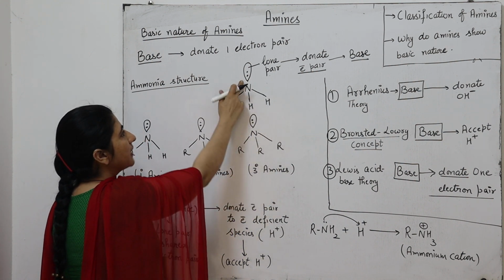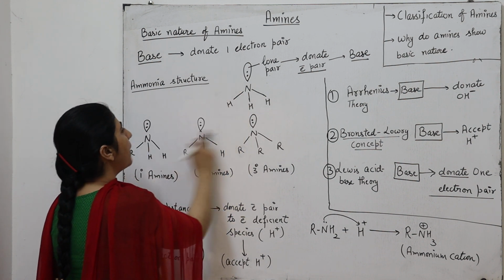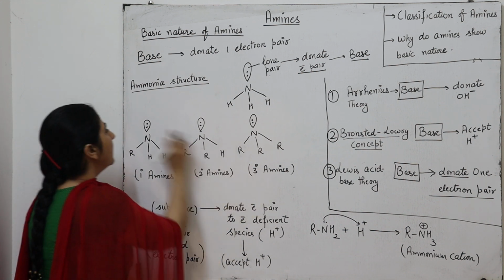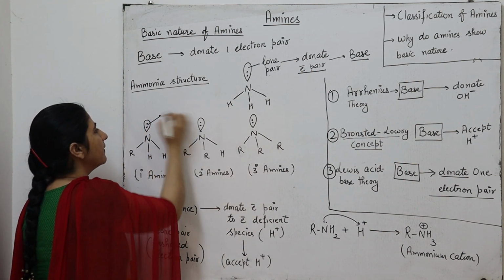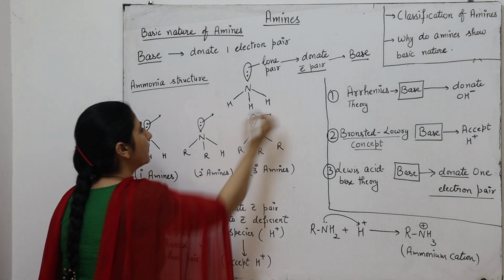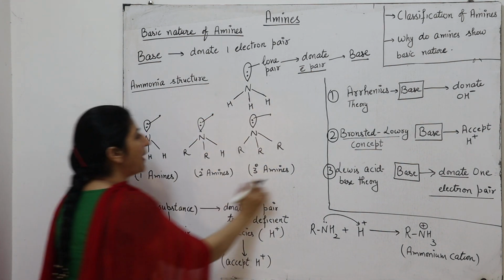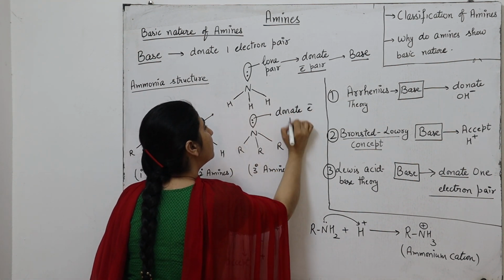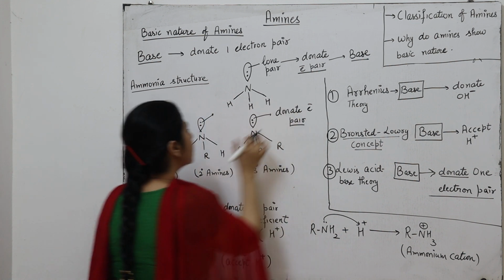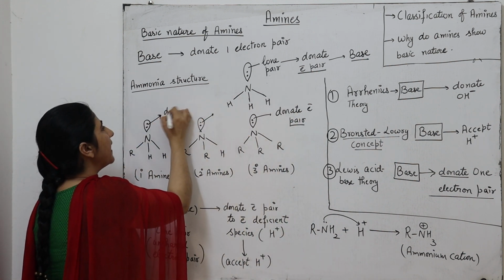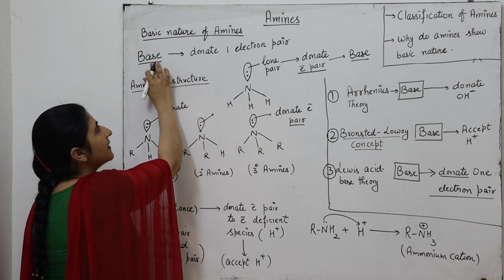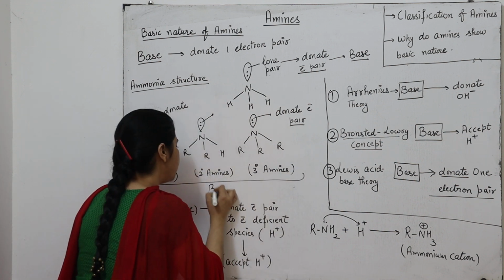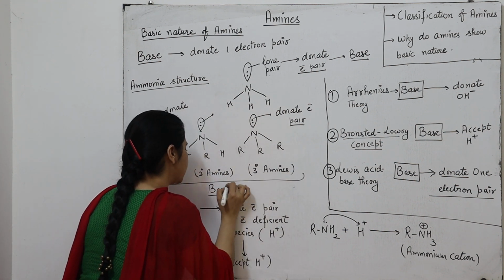As the structure of ammonia is similar to the amines, all these 3 amines, primary, secondary and tertiary, have a lone pair, an unshared electron pair. So all these amines have a tendency to donate an electron pair. The substance which can donate an electron pair acts as a base. So that is why amines are basic in nature.